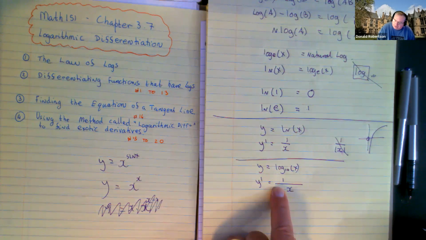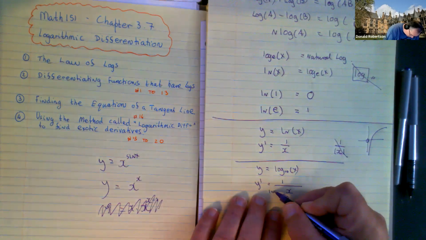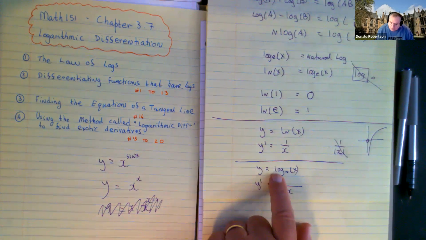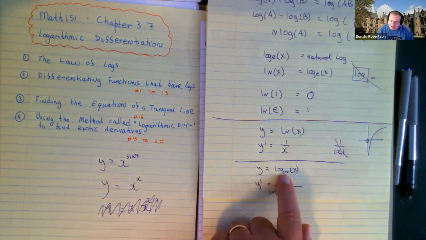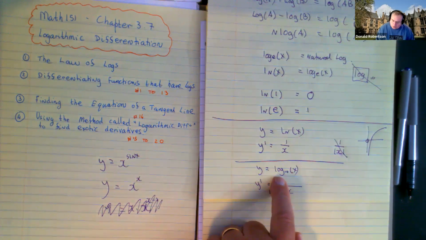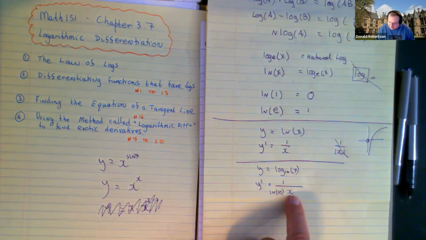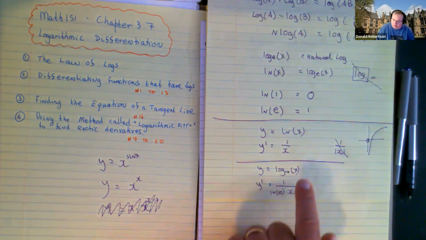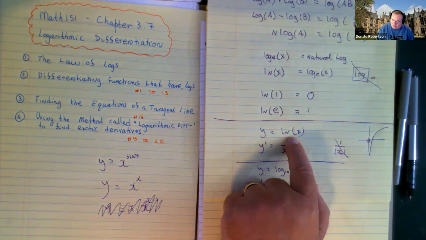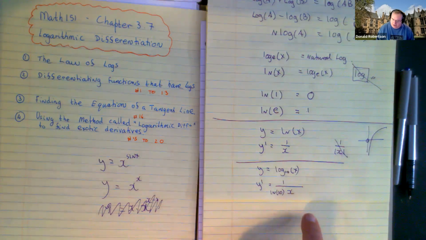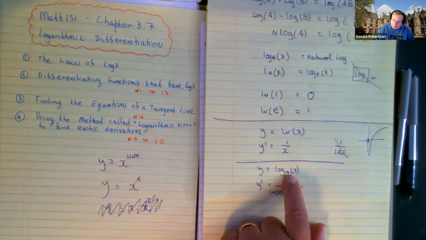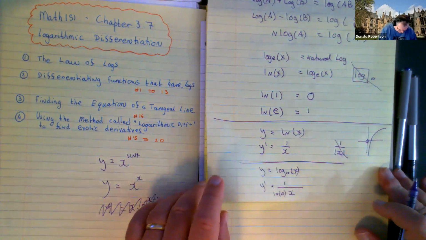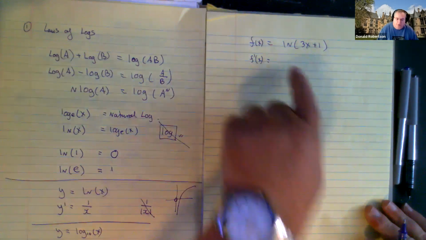That weird constant is the natural log of whatever that base is. So the derivative of log to the base a of x is 1 over the natural log of a, times x. Okay, so you just remember those guys, right? The derivative of natural log is 1 over x. The derivative of a log to base a is 1 over the log of a, x. Now we can go to this question.